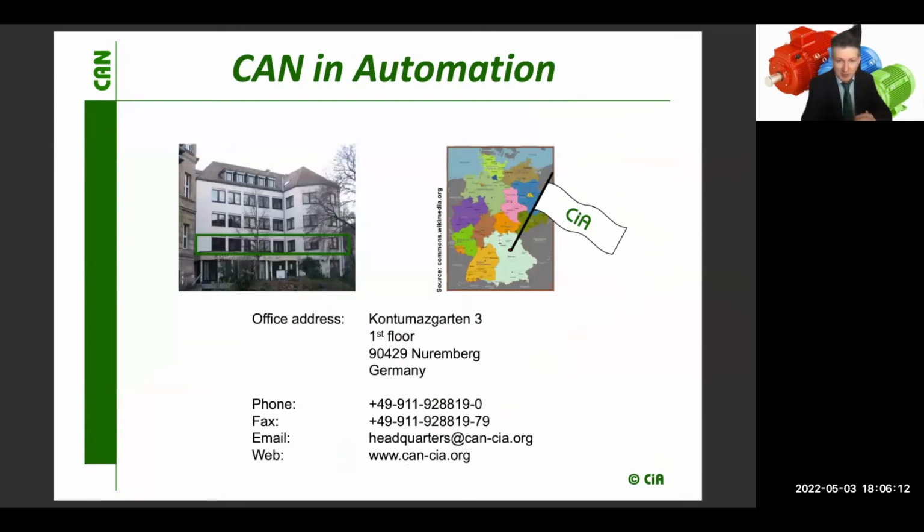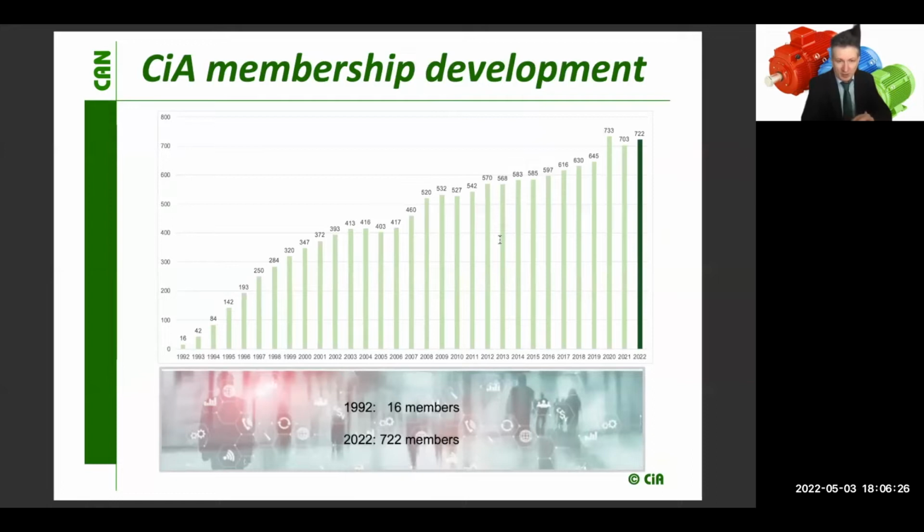Canon Automation is located in Nuremberg. There is the only office, and our testing laboratory is also located there. From this office, we operate worldwide. Canon Automation is a membership-based organization, so this is the organization in the first place.